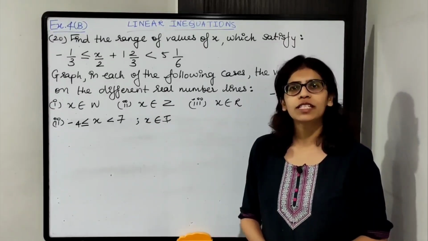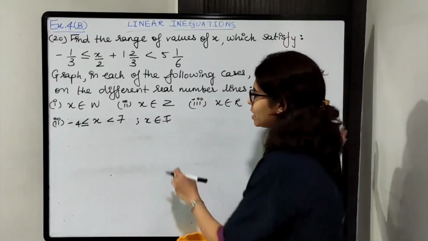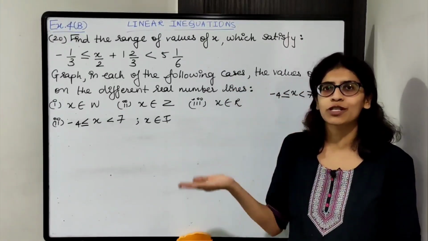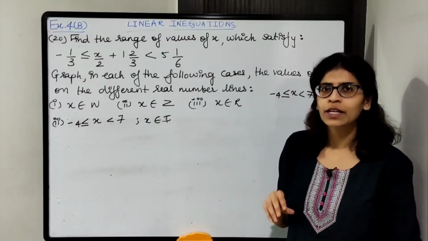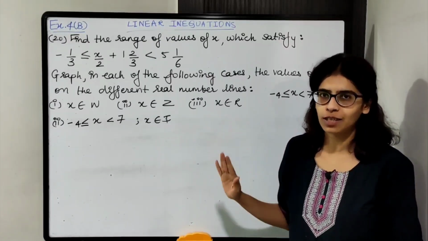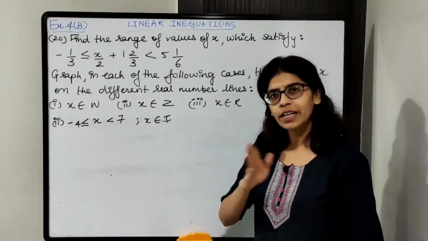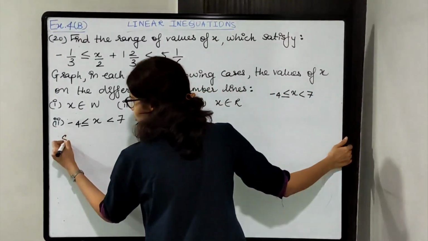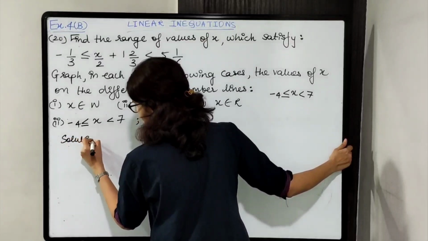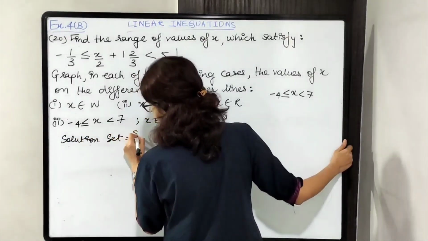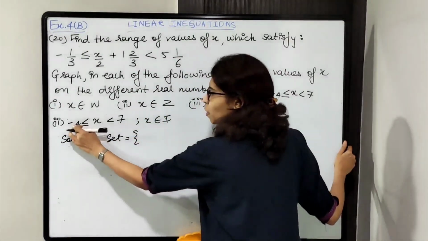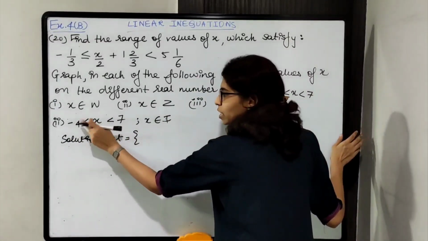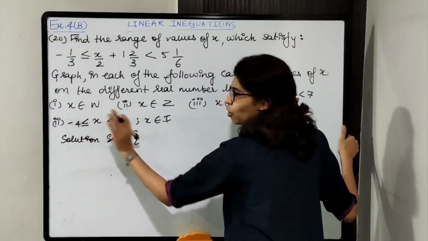Now moving on to the second part. Now we'll find the solution set for the second case. In the second case, x belongs to the set of integers. Integers are negative numbers, positive numbers and 0, okay? No fractions, no decimals, no roots, nothing. So only negative numbers, positive numbers and 0. So what will be the solution set for x? It starts from -4 and goes up to 7. -4 is included. x is equal to or greater than -4.